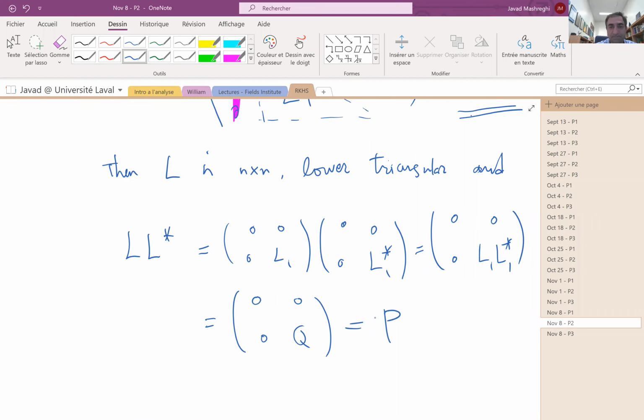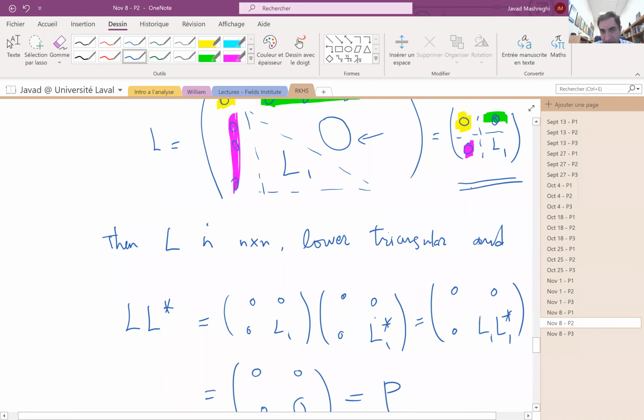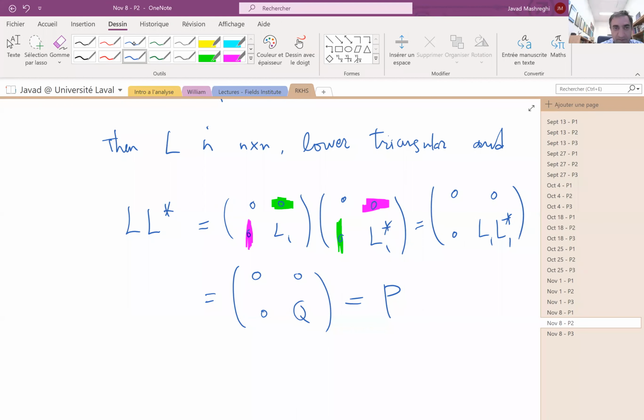Again, to respect the color we had before, if you write this as green, then it becomes like that, and the same for the other one. But after the multiplication, everything works well. So in this case, it works well.